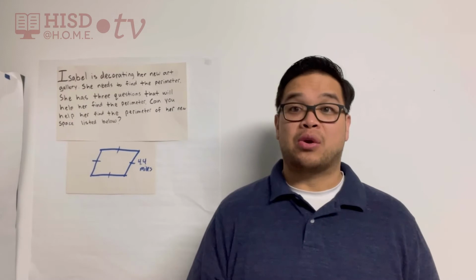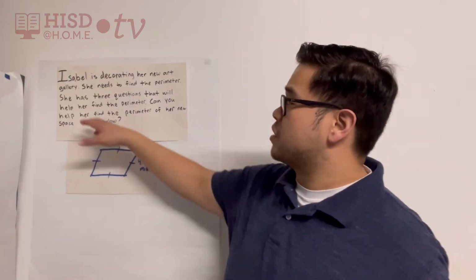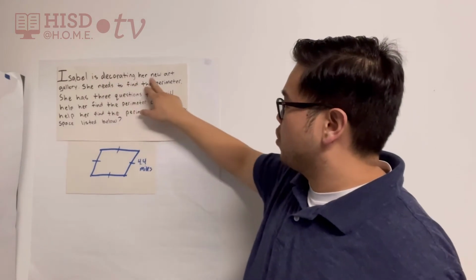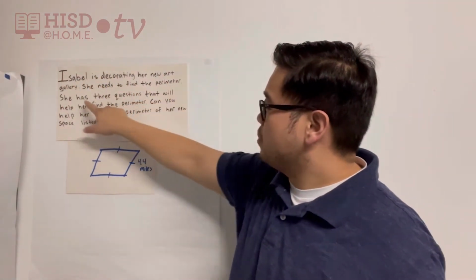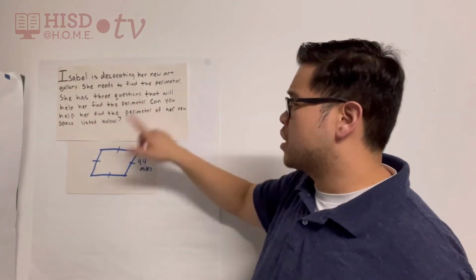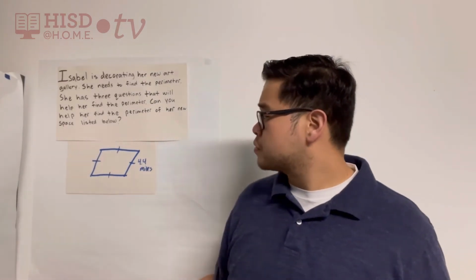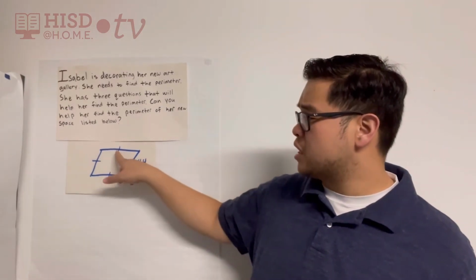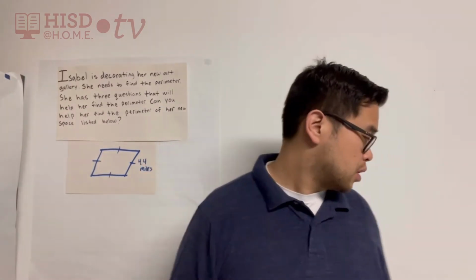Okay, we're going to start our engage part of the lesson. So let's look at our problem for this. Isabel is decorating her new art gallery. She needs to find the perimeter. She has 3 questions that will help her find the perimeter. Can you help her find the perimeter of her new space listed below? So this is her new space. And as you can see, it has a tick mark all around, meaning that these sides are all congruent.